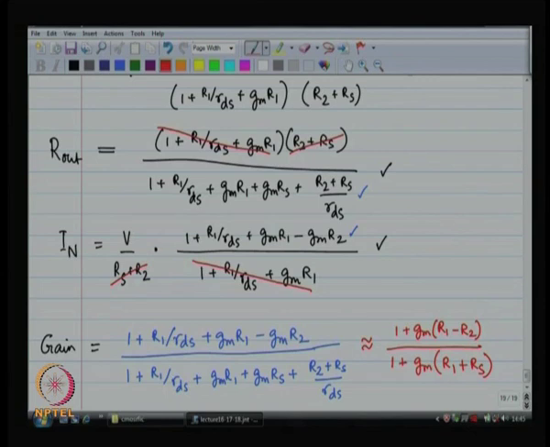And then the second approximation that I am going to make is that GM is also very large, in which case 1 is small compared to GM times something, which means you can really ignore the 1 and GM will cancel out with the GM. So you will basically get R1 minus R2 divided by R1 plus RS. This is the gain of the circuit.